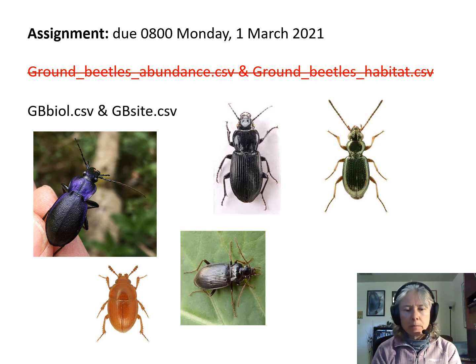It's got just 3 columns of information on the 18 sites, habitat type, and the maximum height of vegetation at each, and nothing else, whereas the ground beetle's habitat file has more. It has rows of sites, which it calls samples, rather than rows of species like in the GB BIOL or the ground beetle's abundance files.